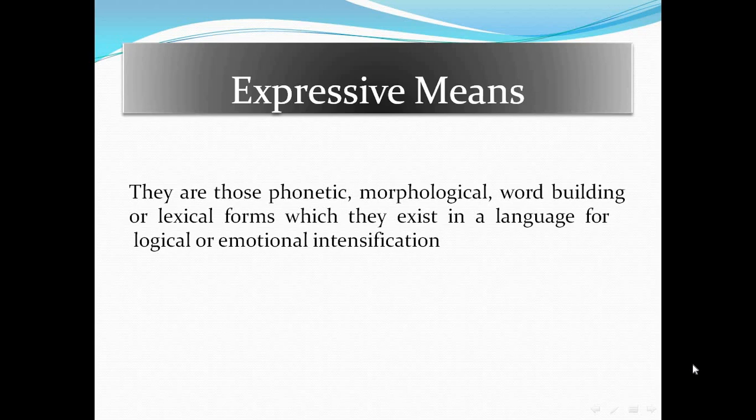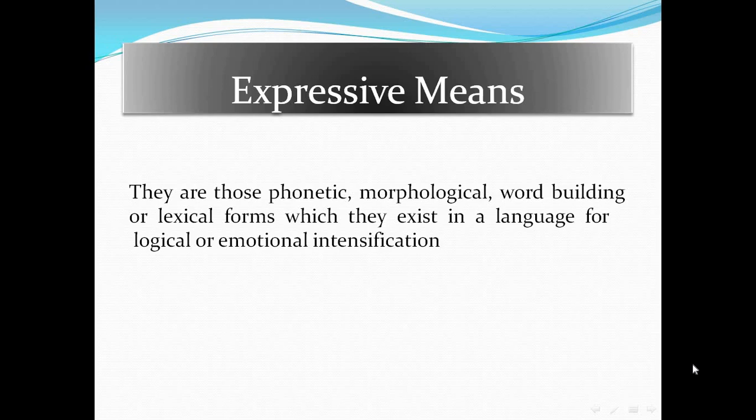Expressive means are those phonetic, morphological, word-building, or lexical forms which exist in a language for logical or emotional intensification. They are actually called intensifiers. Some of them are labeled in dictionaries.